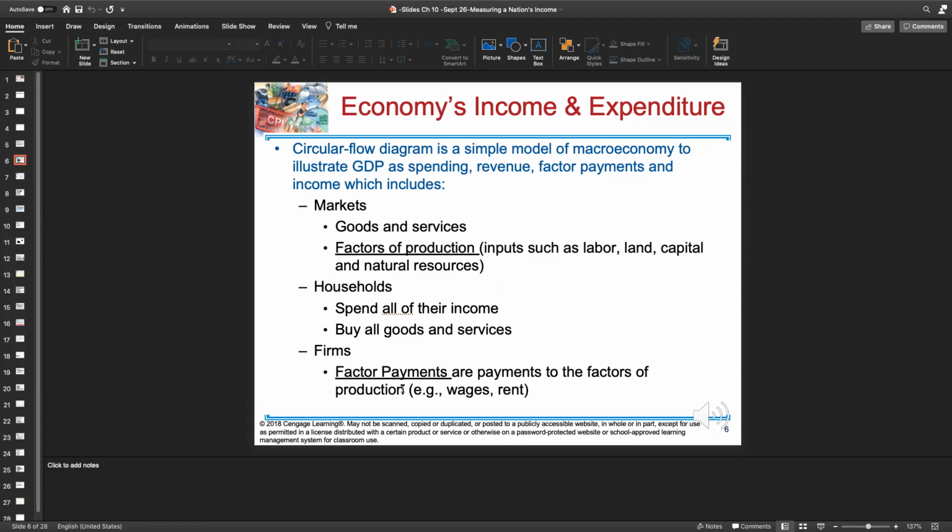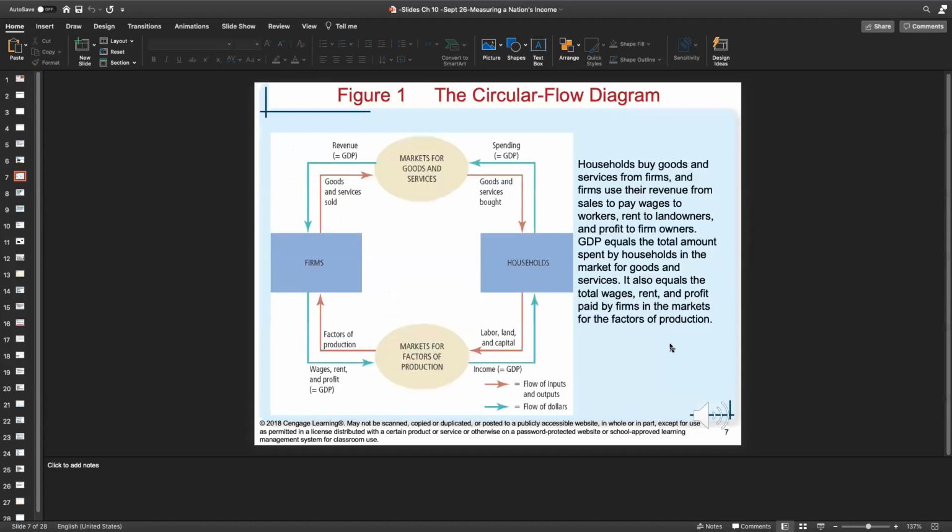All these transactions take place in the markets. The diagram shows the two main markets: the market for goods and services at the top, and the market for factors of production at the bottom.